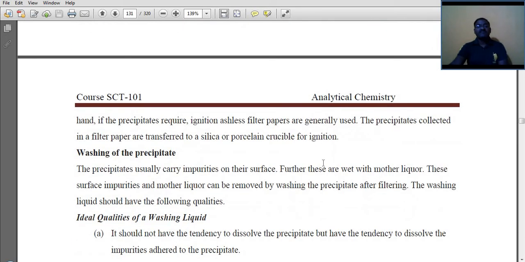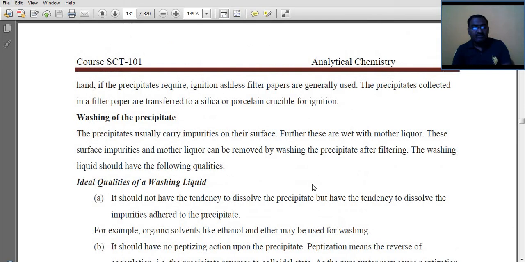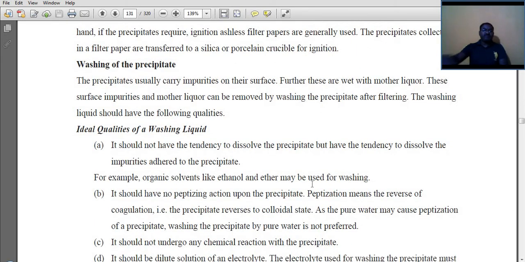On the other hand, if the precipitate requires ignition, ashless filter papers are generally used. The precipitate collected in a filter paper is transferred into a silica or porcelain crucible for ignition. Also, washing of the precipitate.